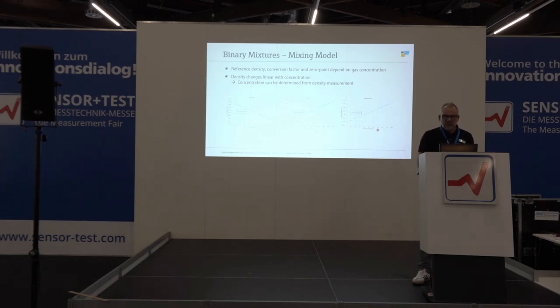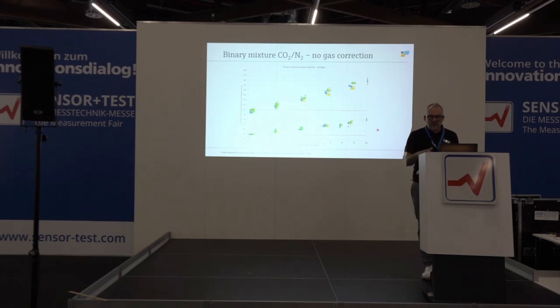So for an easy mixture like, for example, CO2 and nitrogen, you see what would be an output of a standard sensor, so without correction. This sensor is calibrated with nitrogen. The mass flow controller is set to 100 or to 50 cubic centimeters per minute.